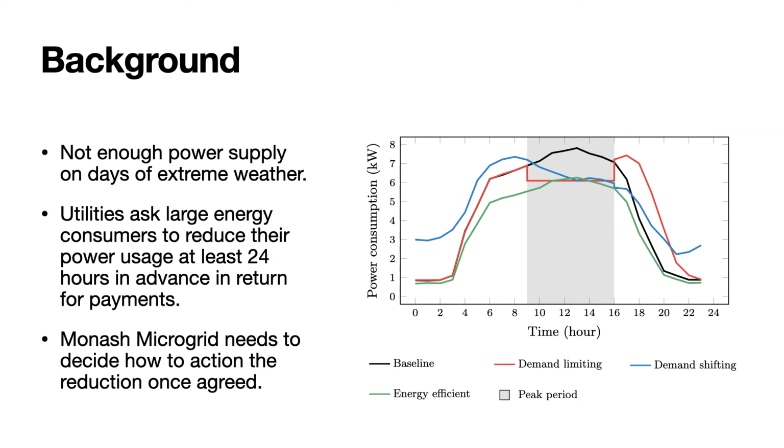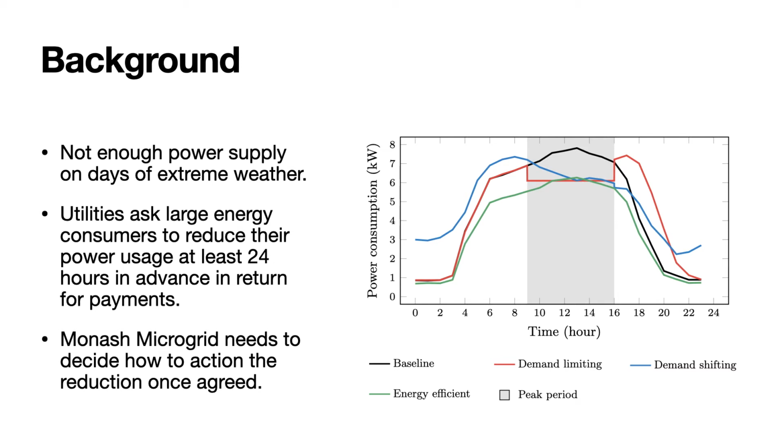On these days, there is not enough power for everyone to turn on their air conditioning at the same time, so utilities will ask large customers to reduce their power usage in return for payments. Utilities usually send out notices of demand response events 24 hours in advance based on weather forecasts.